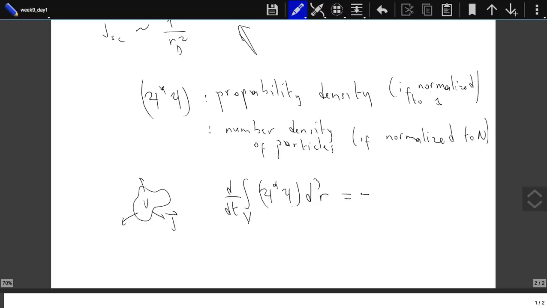This will be equal to minus the integral of J dot dS over the boundary of my volume. This is how we can identify the particle current described by a wave function.